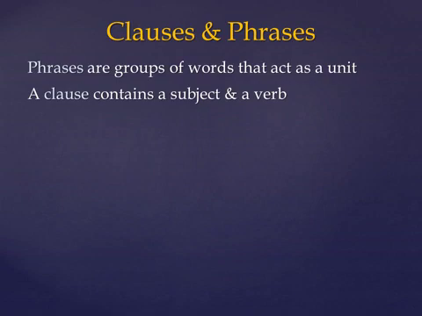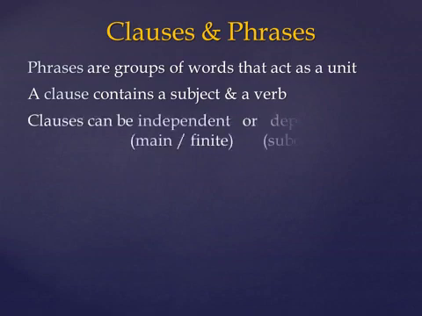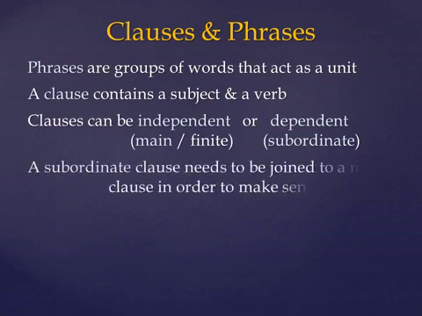They contain both a subject and a verb, and they can be classified as being either independent, meaning that they can stand alone as a sentence, and these are often called main or finite clauses too, or they are dependent, meaning that they require a main clause in order to make sense.